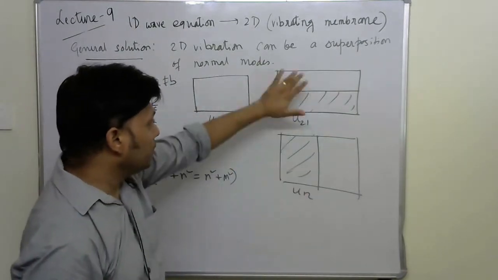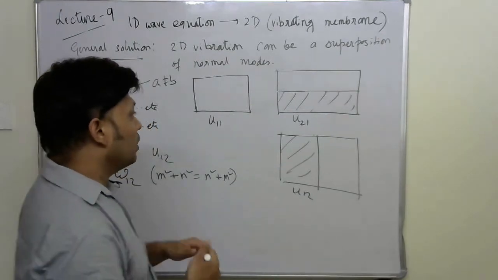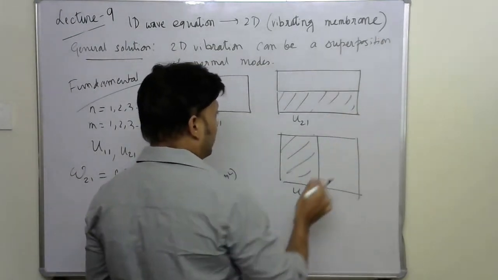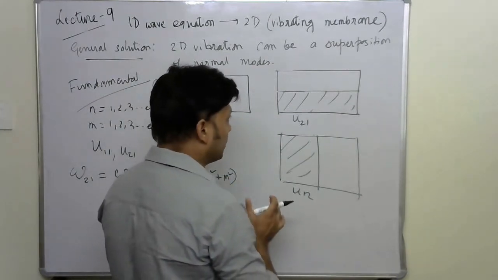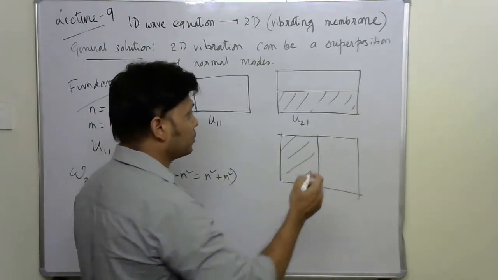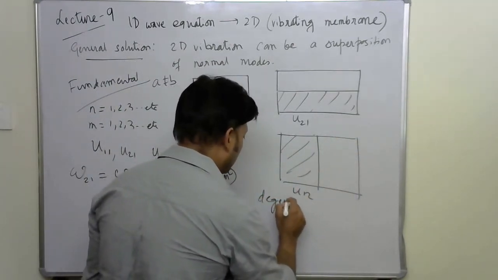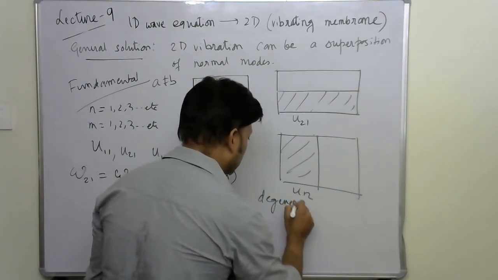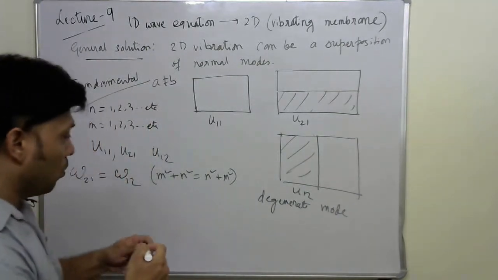But both of these two vibrations have the same frequency. Such kinds of modes, same frequency often means same energy, but their modes are different. So we call them degenerate modes.